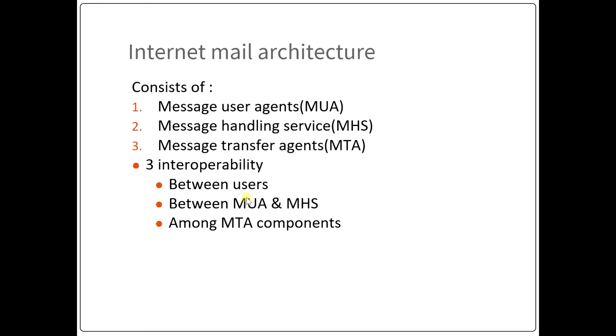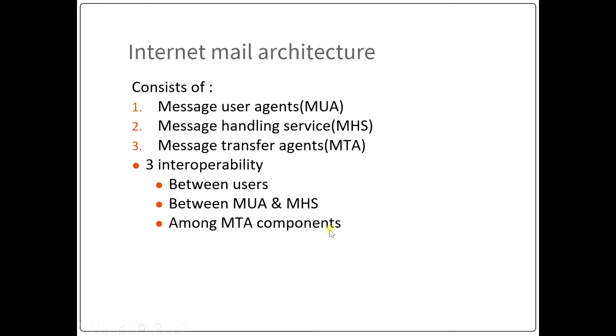There is also an interoperability requirement between MUA and MHS, and later when the message is delivered from MHS to a destination MUA. The third type of interoperability is required among the MTA components, along the transfer path through the MHS.